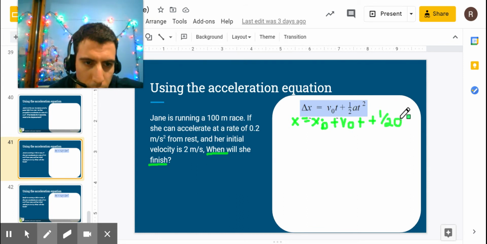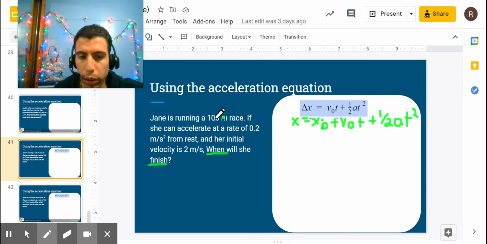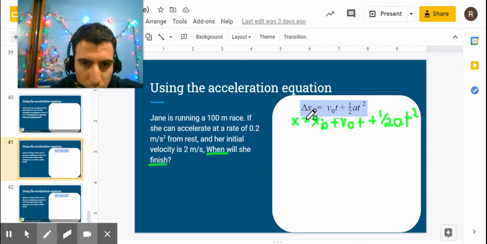In this case, we're looking at her acceleration as she runs this race, and we're given several values. So this is our equation. Let's take a look at our values. The total distance she has to run is 100 meters. Maybe I didn't need to expand it out that much, but I know my delta x is going to be 100 meters. I'm going to use this version of the equation just to make things simple.